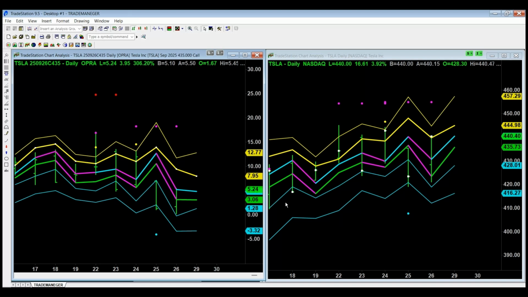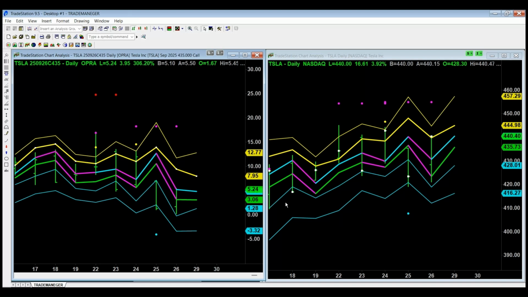If you only buy one contract, one call option contract, that includes 100 shares. And if the price increases in the correct uptrend direction, then the call option will increase.